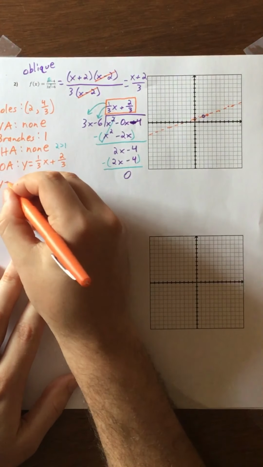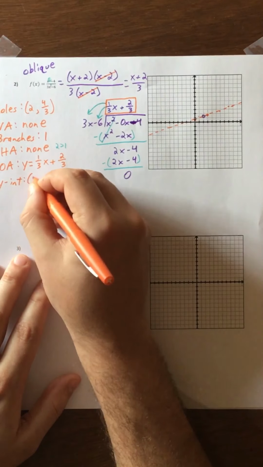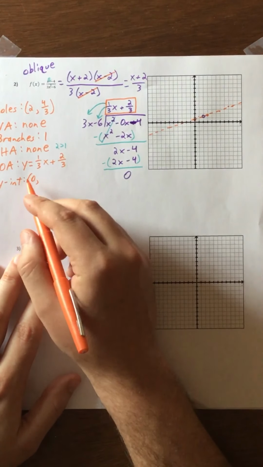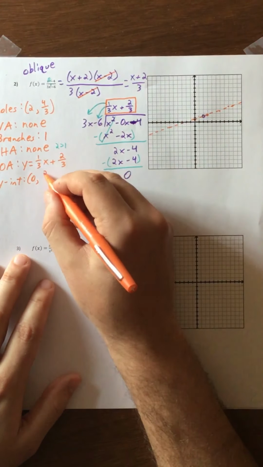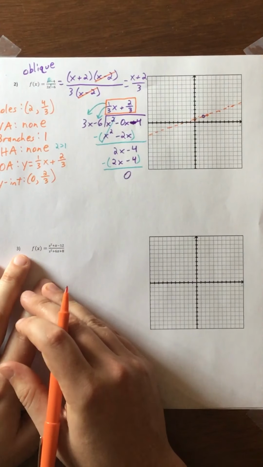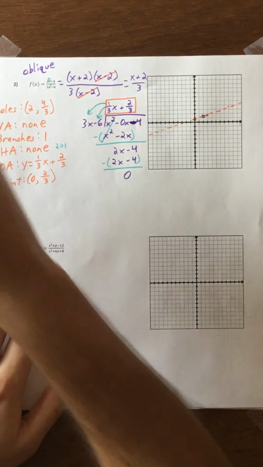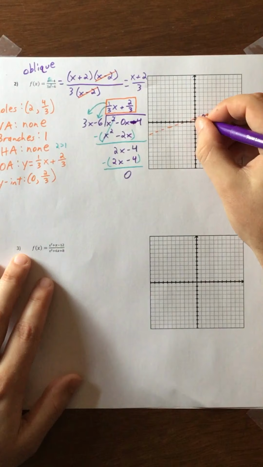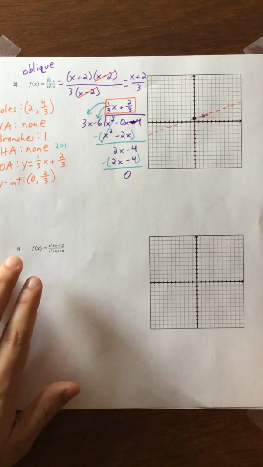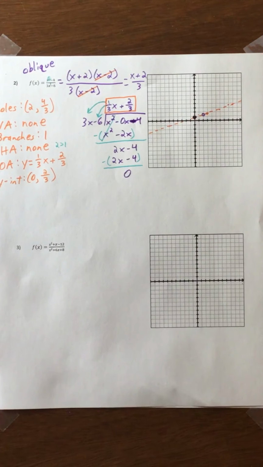Next step, y-intercept. Plug in 0 for x, I would get 2/3. Okay, I'm going to go plot that point. So 0, 2/3 falls right on the oblique asymptote, so that's important to remember for later.